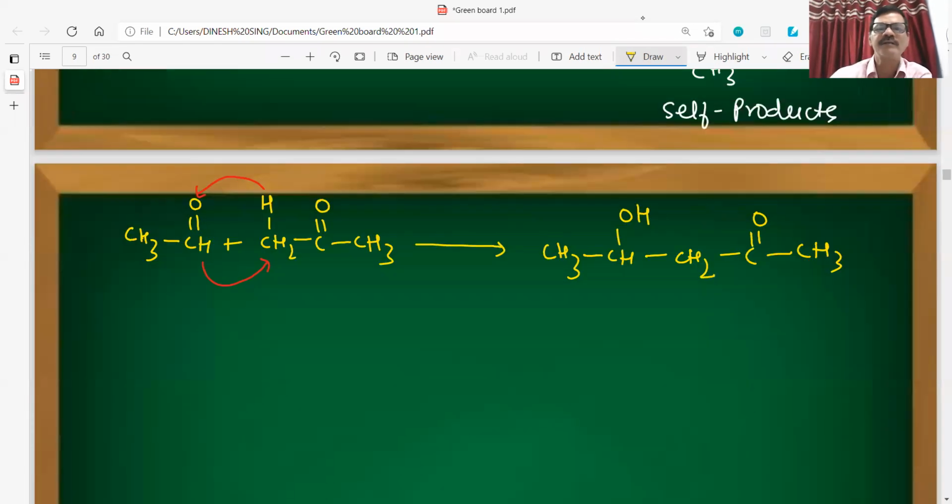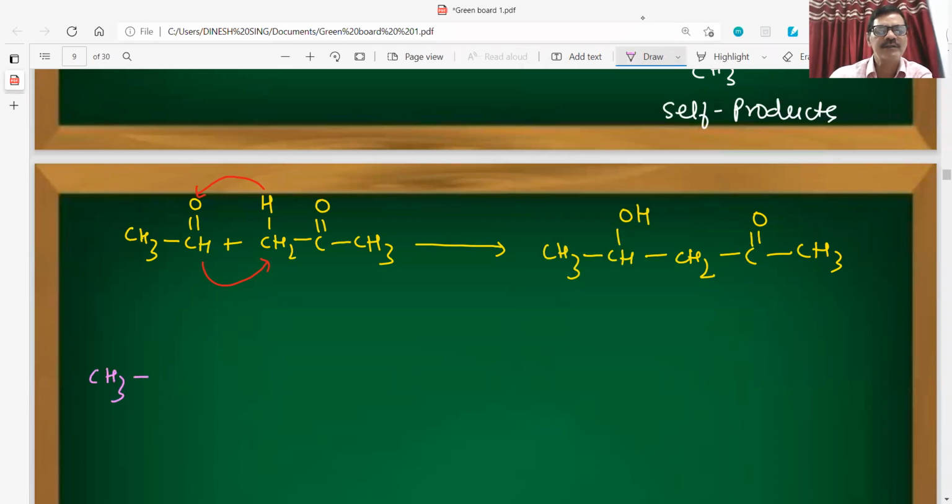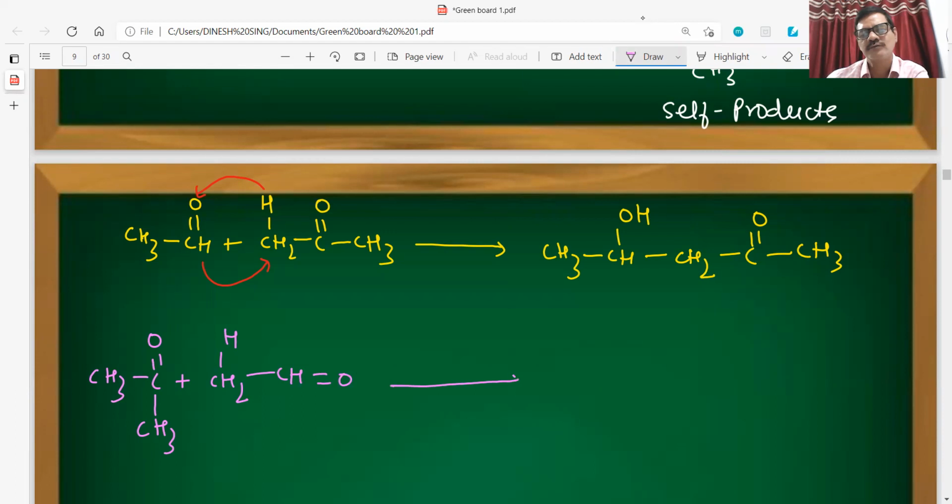Another cross product will be what? Here the substrate molecule is ketone. This is ketone. And the carbanion will be due to this aldehyde, CHO.